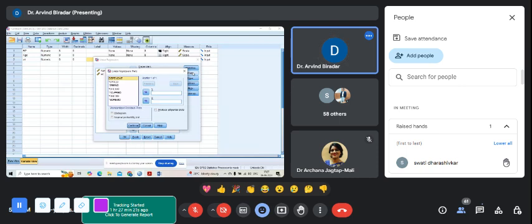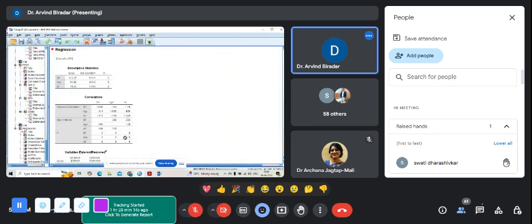You can go for a plot: X-axis and Y-axis, histogram and normal probability. See that, I told it the output.